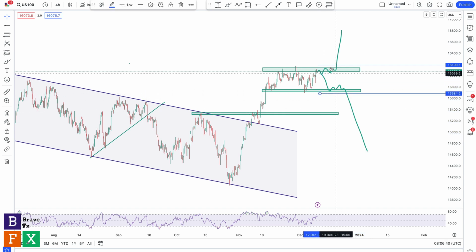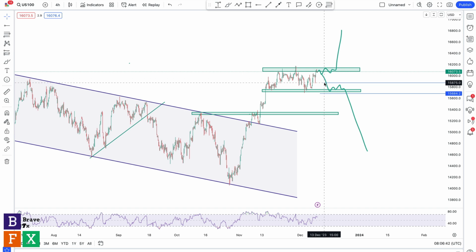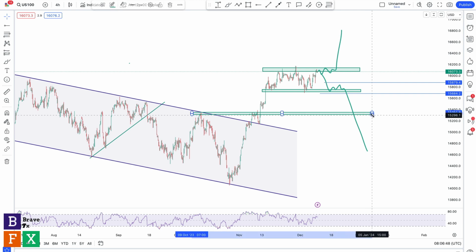Entry at a bearish breakout, stop loss above this place, and you could aim for this area of value as your target. But mind you, I'm more bullish than bearish on Nasdaq, but this is what I'm watching out for. If you're interested in going short, this is what you should watch out for. If you're interested in going long, then you could watch out for this other case scenario.